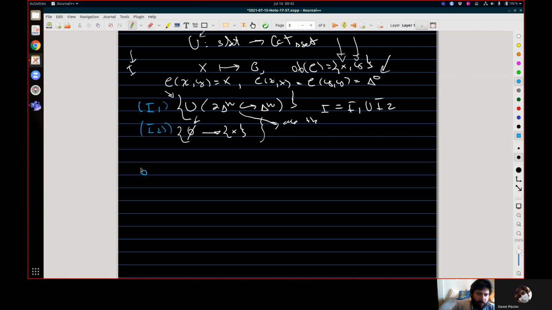So now we have to define the generating acyclic cofibrations. Again, we'll have two collections. The first one, as before, will be the image by U of the generating acyclic cofibrations of the Quillen model structure. So we'll have here horn inclusions, and here it's a bit more enigmatic.